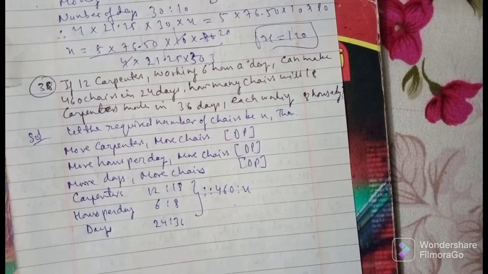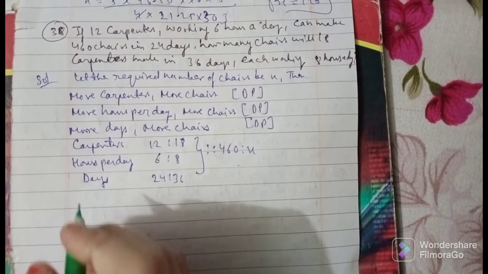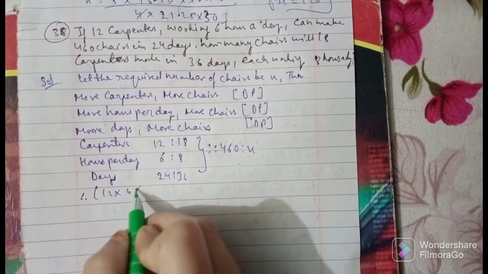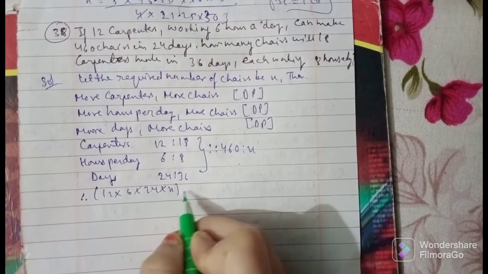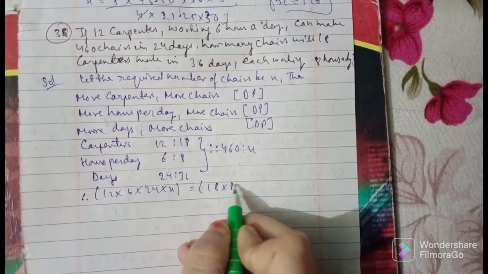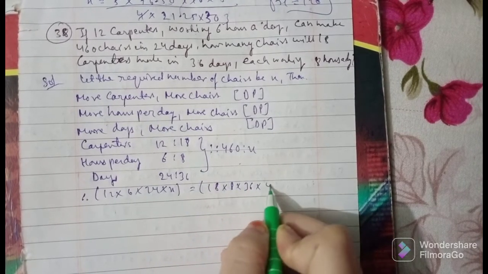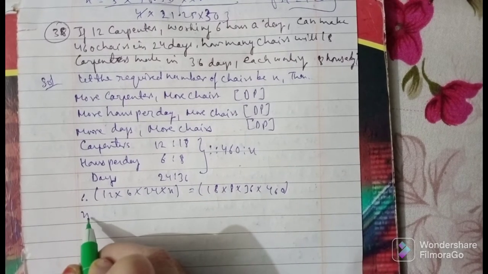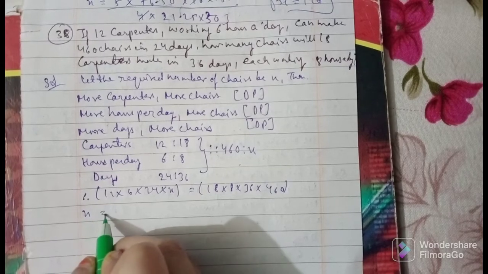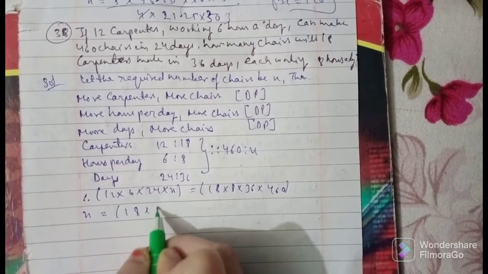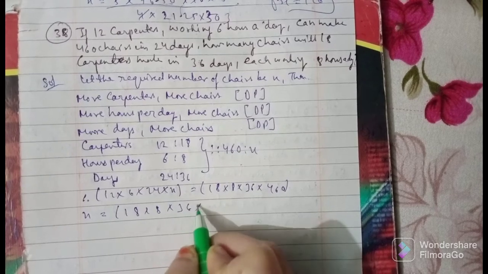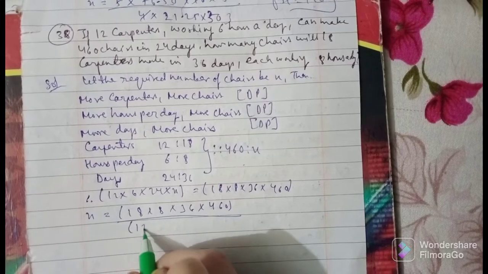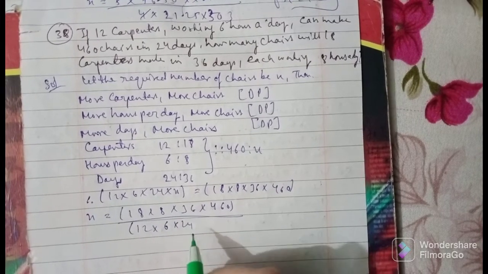So here we go: 12 into 6 into 24 into x equals to 18 into 8 into 36 into 460. So x equals to 18 into 8 into 36 into 460 upon 12 into 6 into 24.